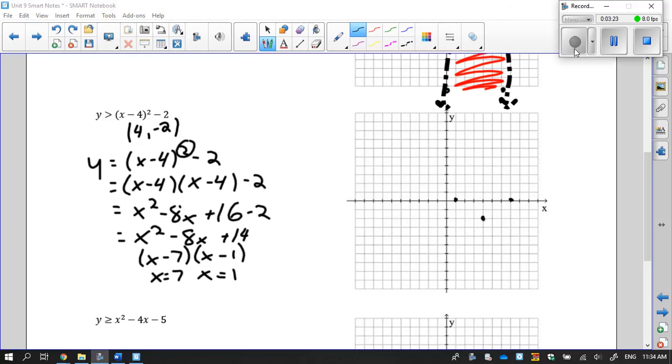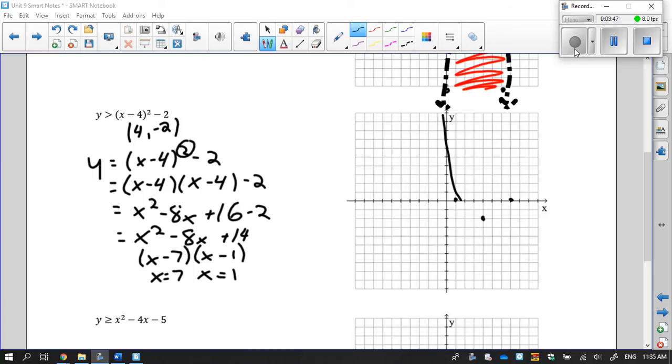Okay, and then I know it kind of looks suspicious of where the y-intercept should be. Did I graph this correctly? 1, 2, 3, 1, 2, 3, 4, 1, 2, 3, yeah. Strange. All right.